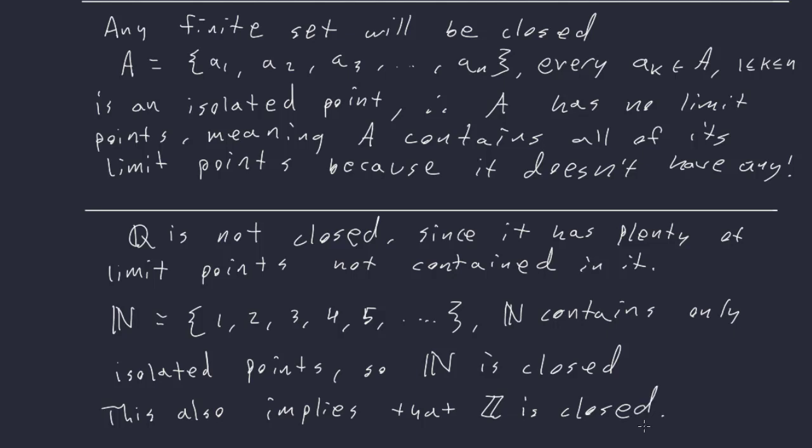Which is maybe not what we would originally expect, but it just comes from the fact that every point is an isolated point. And if every point of a set is isolated, that means the set itself has no limit points. If it has no limit points, then it vacuously contains all of its limit points.